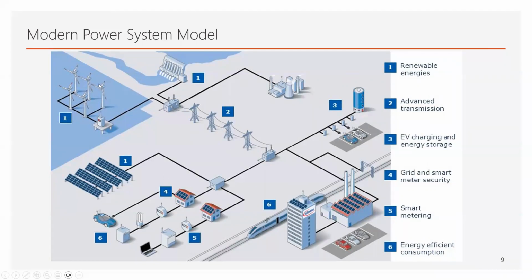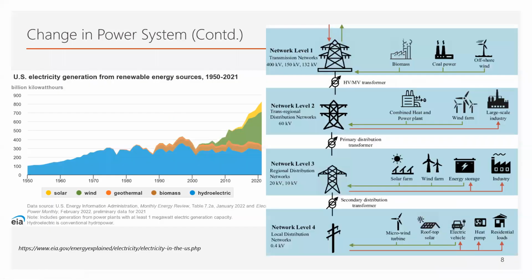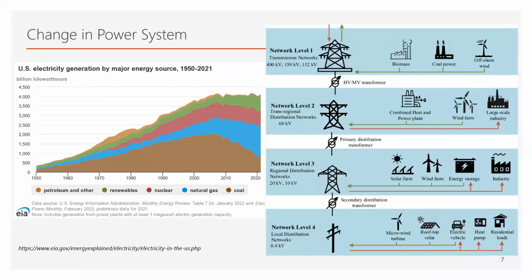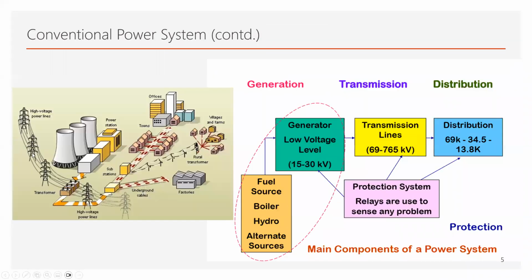And not only in the generation section, but in the consumption section, the distribution section, and every section, we are converting energy from one source type to another, or from the same source type but at different levels. For example, I've talked about transformers. In the generation section, the voltage is 15 to 30 kilovolts, but in transmission, the voltage is very high.